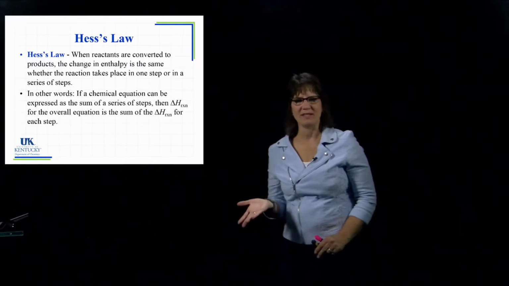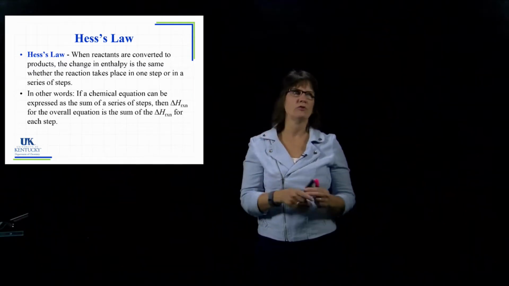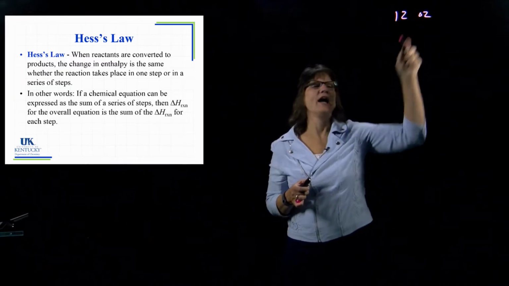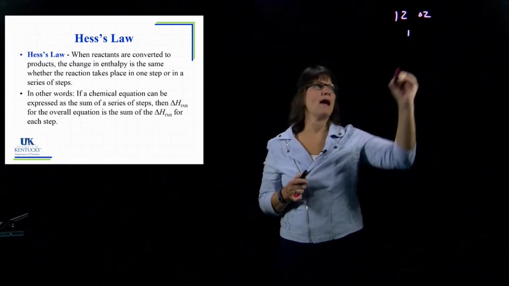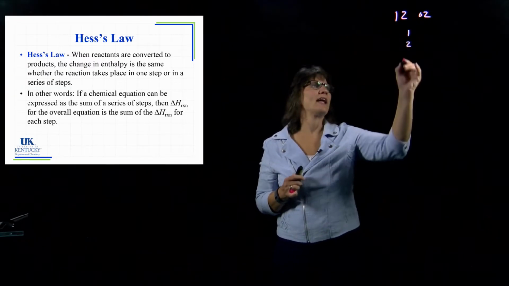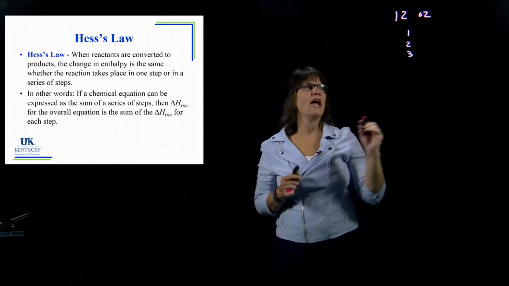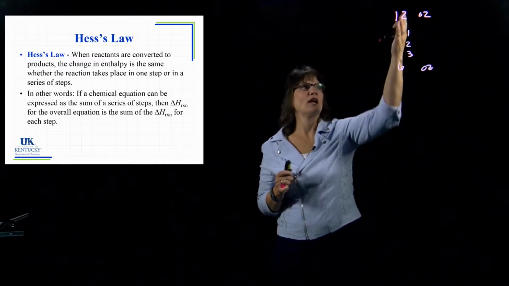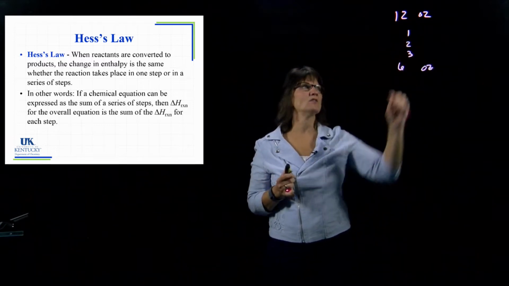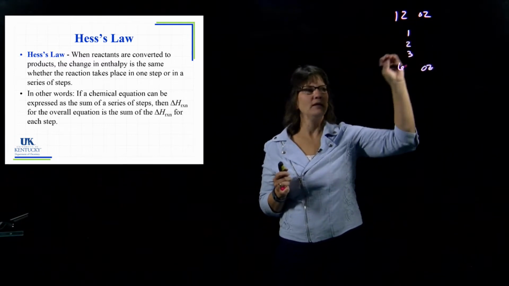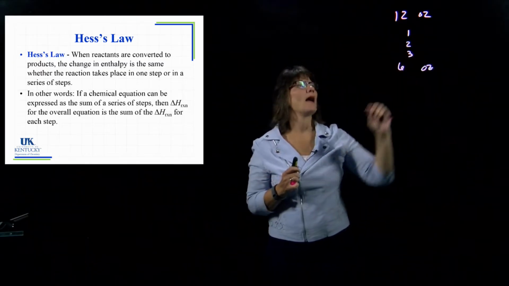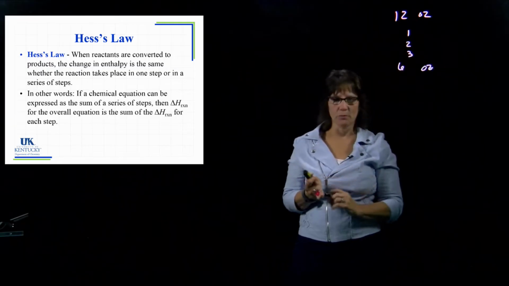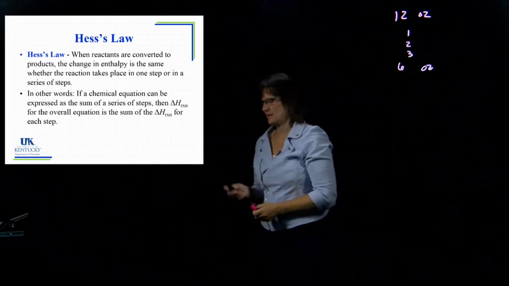Going back to the volume example, let's say I started out with 12 ounces. I drank 1 ounce. Then I came back and drank 2 ounces, and then I came back and drank 3 ounces, and when it was all said and done, I had 6 ounces left over. If I drank it all at once, that would be 6 ounces. If I drank a little bit, a little bit, and a little bit, that would get me down to 6 ounces. I could either add up all those, or I could do it in one fell swoop. That's what we're going to utilize with Hess's law.